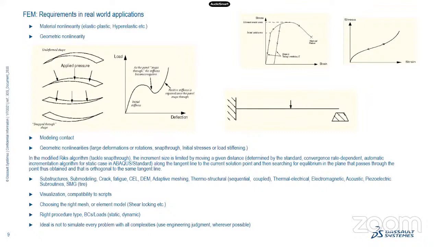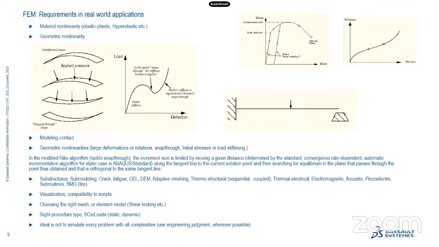Another aspect is the right mesh and right element. For example, if you use a fully integrated continuum element for a bending application, you will experience shear locking. For that, we have quadratic elements or reduced integration elements where this shear locking effect will not be there. So, the right mesh and the right procedure type.